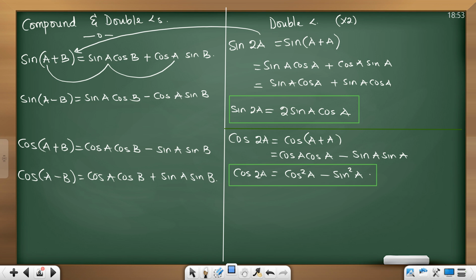But from grade 11, there's something we learned as well. I don't know if you guys remember. Keep the questions coming, guys. Do you remember that cos squared A plus sine squared A equals 1? Which means cos squared A is the same as 1 minus sine squared A, and sine squared A is 1 minus cos squared A. If I substitute this into the formula, I'll get two other formulas for cos 2A.